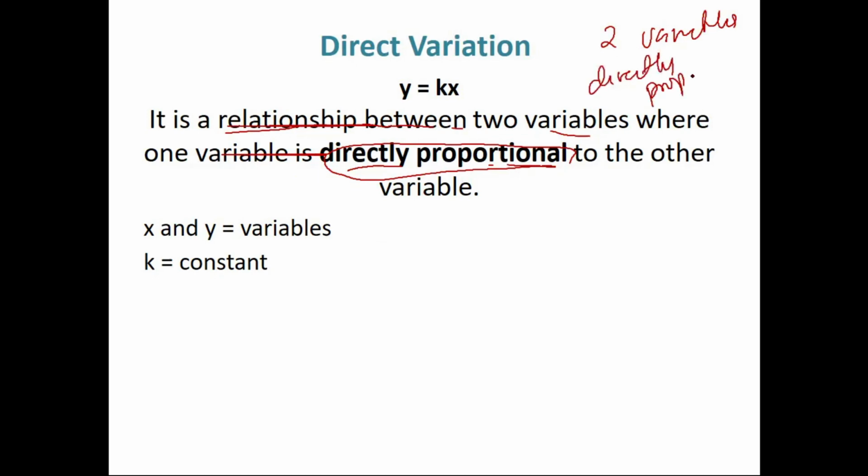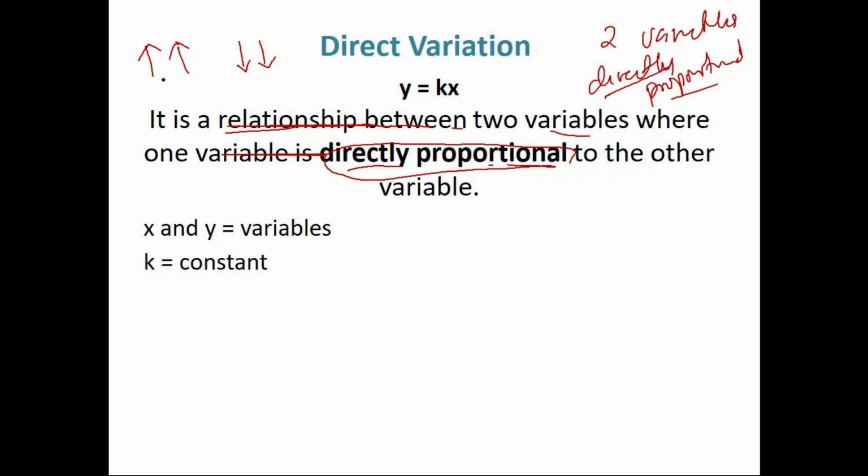And what do we mean by directly proportional? It means that the two variables have the same direction. As one variable increases, the other variable also increases. On the other hand, as one variable decreases, the other variable also decreases.